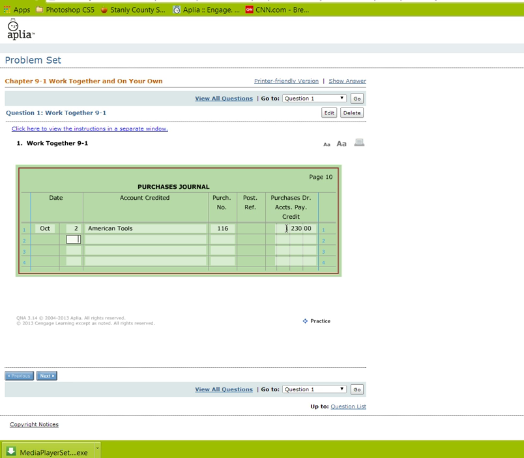Okay. The next one that we have, purchase merchandise on account from Harris Manufacturing, $480. Purchase invoice 117. So the 7th, Harris Manufacturing, P117, and the amount is $480.